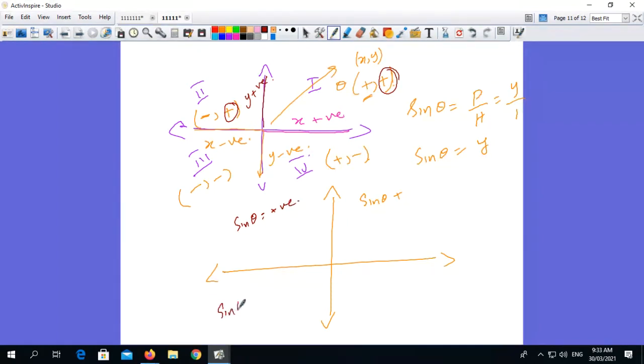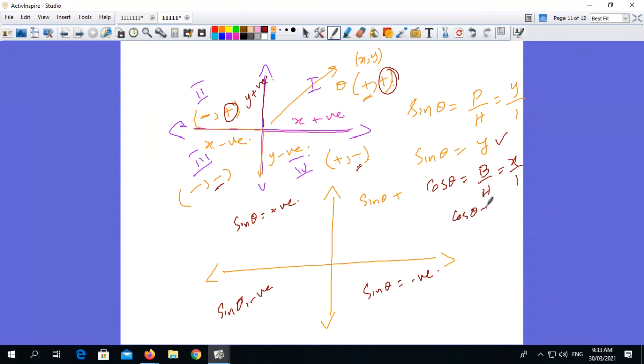In the third quadrant, sin theta is negative. In the fourth quadrant, we check the sign of y. Y is negative, so sin is negative. If we check cos theta, it is b by h, and b equals x and h equals 1, because we discussed sin theta, cos theta and tan theta in a unit circle whose radius is 1 and hypotenuse equals 1.